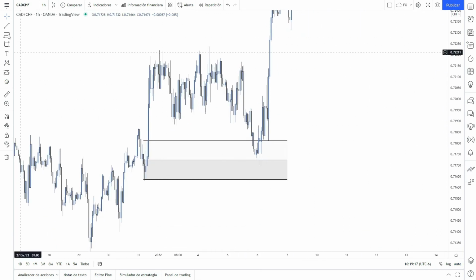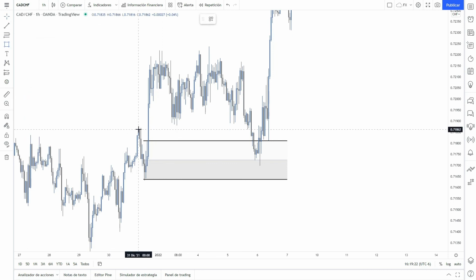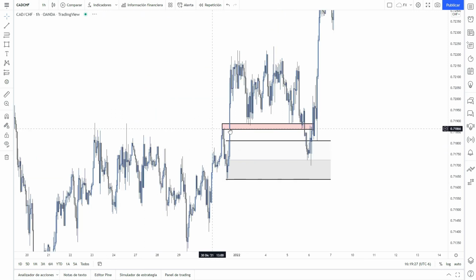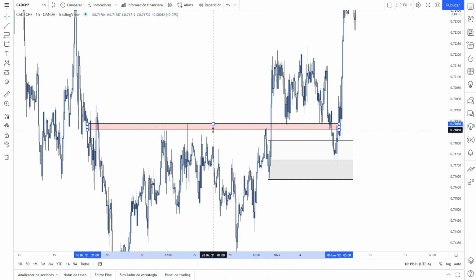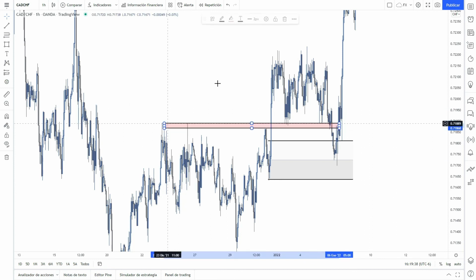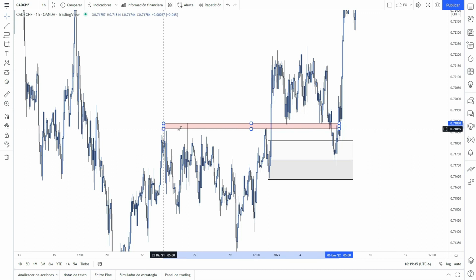When I go to the 1 hour time frame, what do we have here? What's this? A support and resistance pattern. Resistance, resistance, resistance again. Okay. Resistance, resistance, resistance.